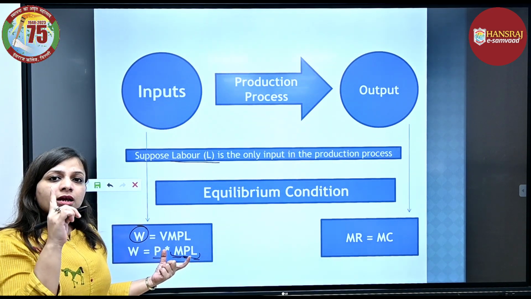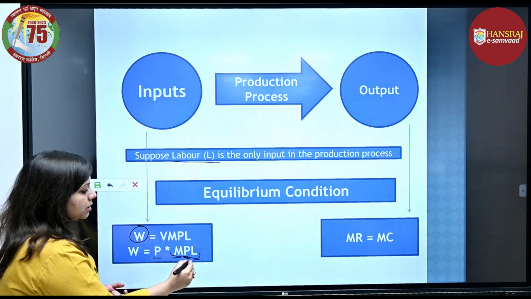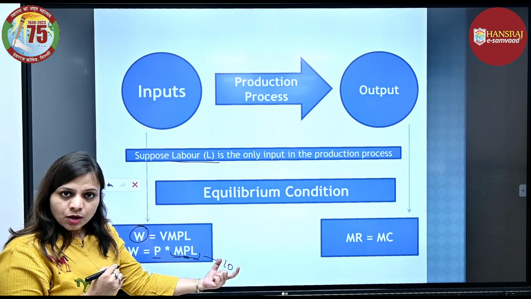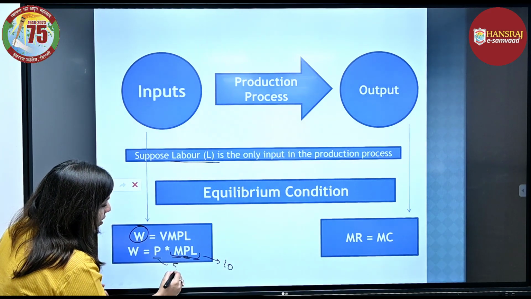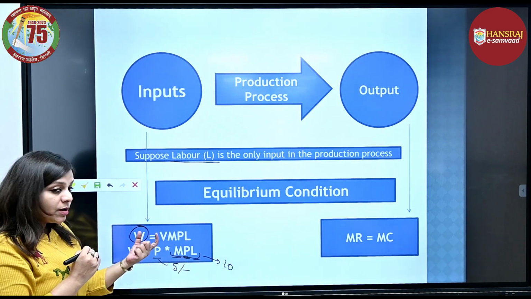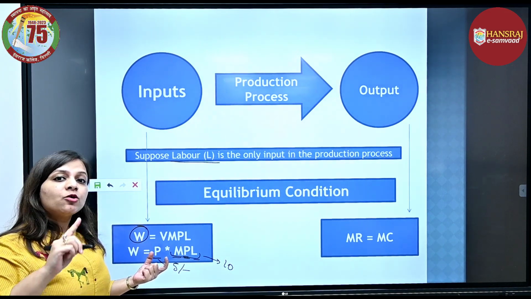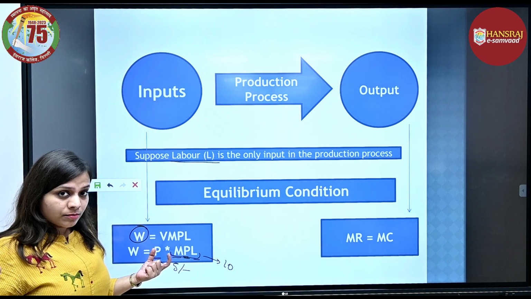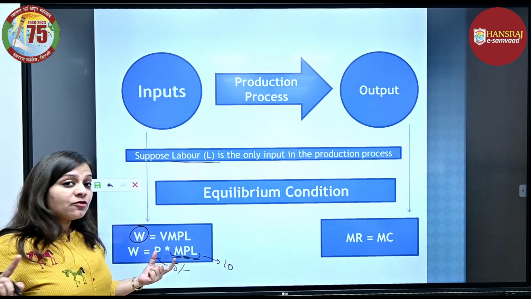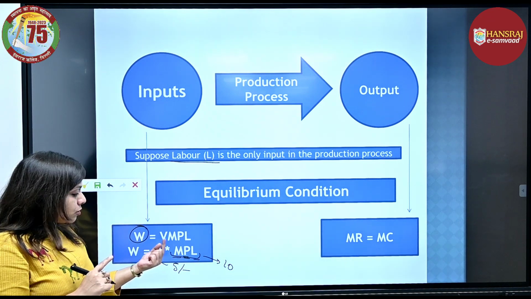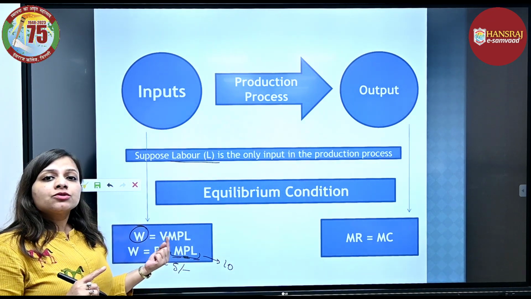So अगर फर्म ने एक लेबर को हायर किया जिसने सपोज 10 यूनिट्स ऑफ आउटपुट बनाया और वो मार्केट में बिका 5 रुपए पर, and remember this price is given to the firm because the firm is a perfectly competitive market, it is operating in a perfectly competitive market, so it is a price taker, so it is taking this price to be given.